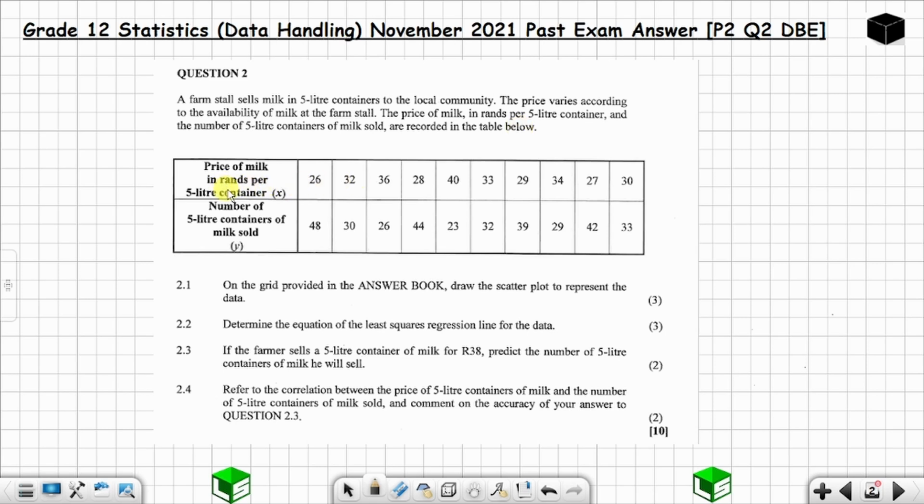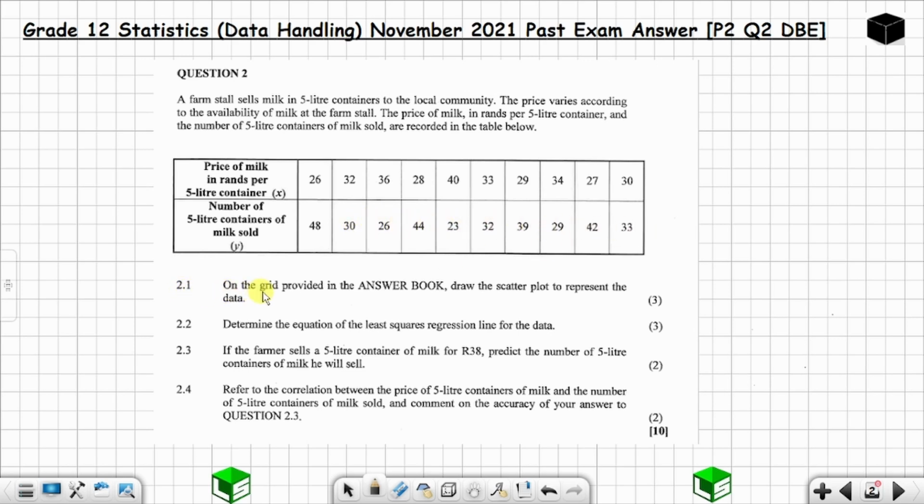So this is the table. You have the price of milk in rand per 5-liter container, which is X. And you have the number of 5-liter containers of milk sold, which is Y.